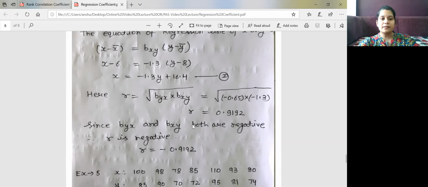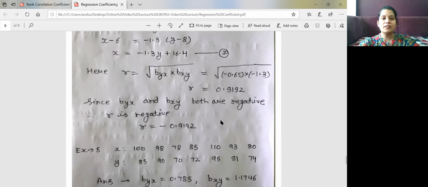But what is the property of the correlation coefficient? Since byx and bxy both are negative, if both the regression coefficients are negative, then the value of r is also negative.